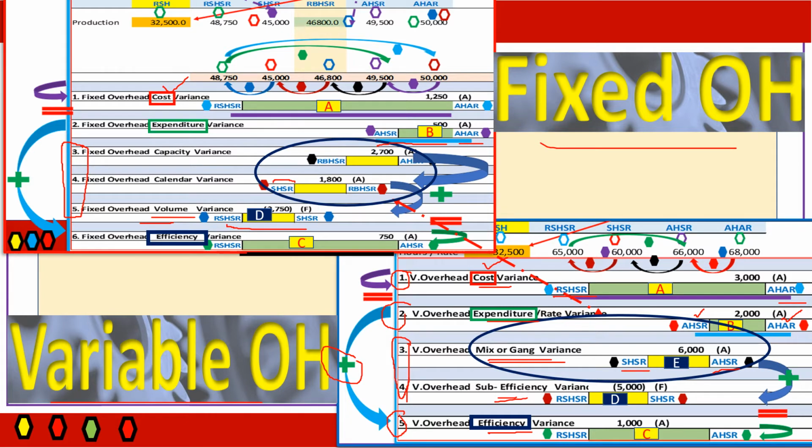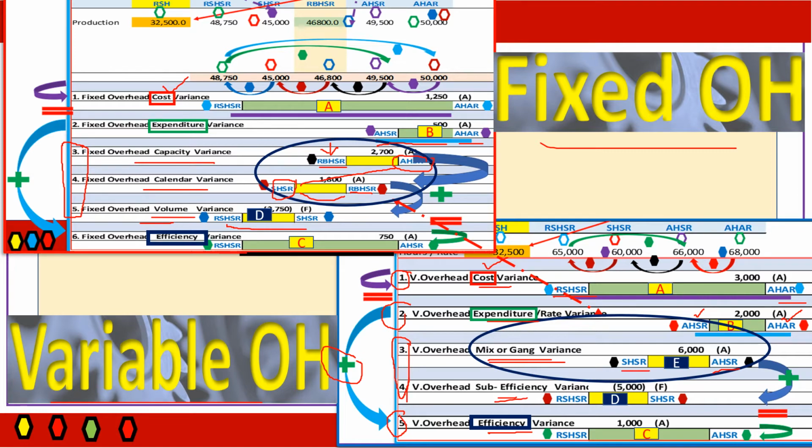Here SH-SR and AH-SR is used for the sake of calculation, but it is split into two by introducing a new component called revised budgeted hours. Here it is the difference between these two, and here it is the difference between these two. When you put them together, it is the same, but it is split into capacity and calendar.